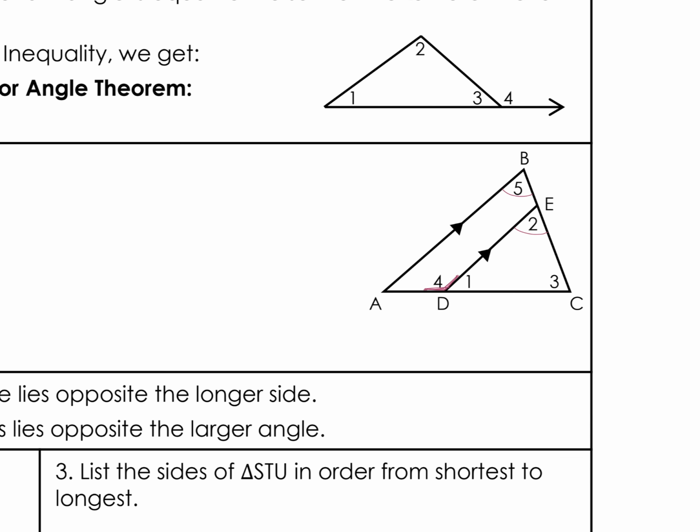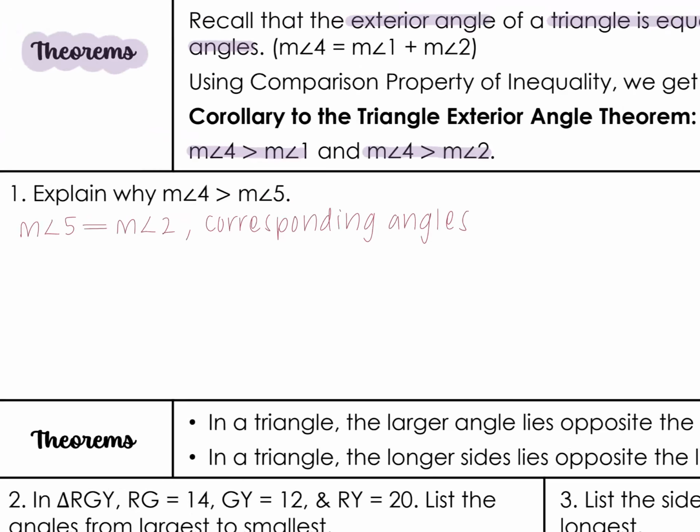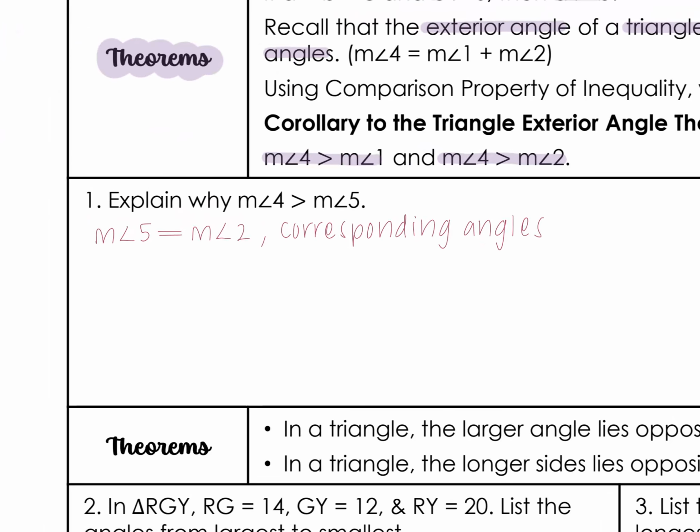So that's where I'm going to go with this next over here, is just going to write out that my measure of angle 4 is equal to the measure of angle 2 plus the measure of angle 3. And so, well, if we look here using what we just mentioned, the fact that the measure of angle 2 is equal to the measure of angle 5, we can use substitution.